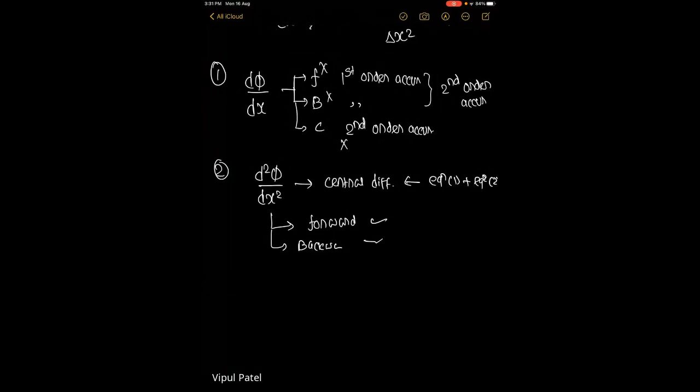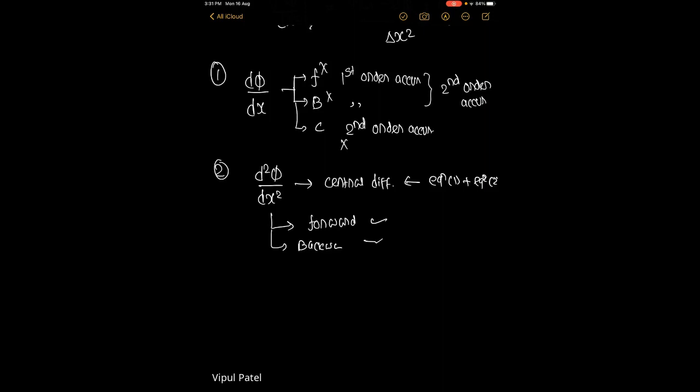Okay, so now we want to have a second order accurate scheme for the first order derivatives like df by dx, so that we can handle the boundary nodes very smartly. If you have something like a Neumann boundary condition where you are applying some heat flux, then you don't have to suffer.